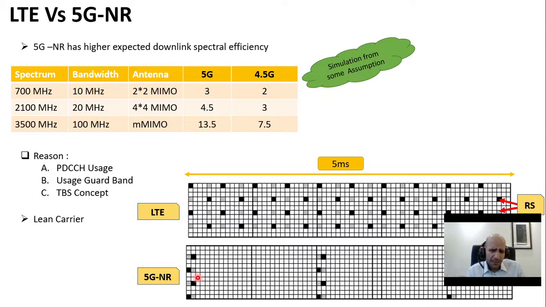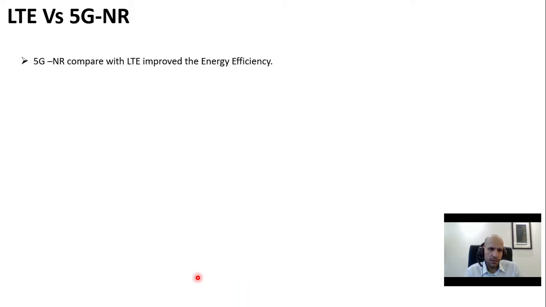Actually we have this lean carrier feature in current LTE as well, but there are some issues and conflicts with other features which are not that much used in the current LTE network, while it is enhanced and improved in 5G technology, and this is one of the main differences between LTE and 5G.